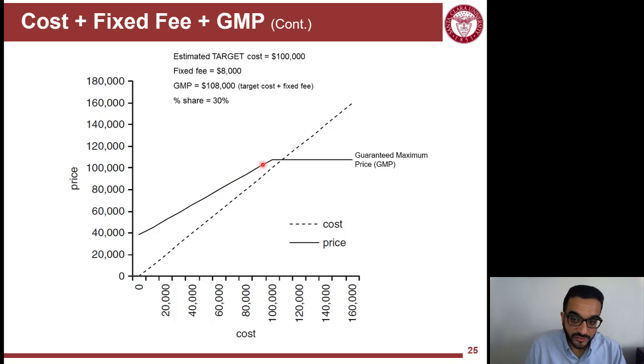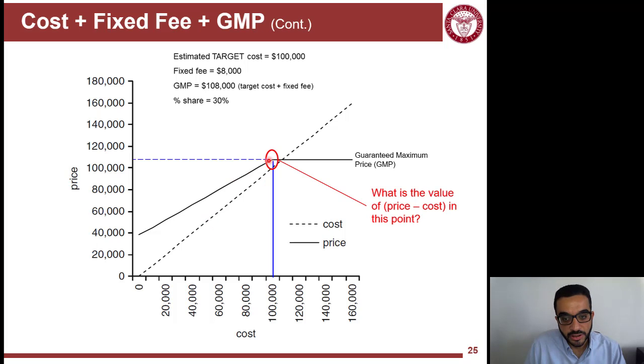Actually, if you get paid less than the guaranteed maximum price, this means that you're actually achieving a return on cost higher than 8%. Once you reach a point, which is here, when the actual cost is equal to the target cost, this is exactly when return on cost will equal 8%, the initial expected return on cost, because actual cost is equal to target cost.